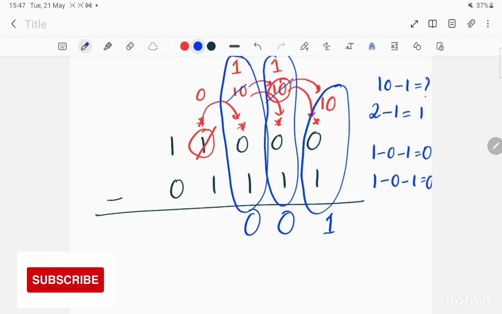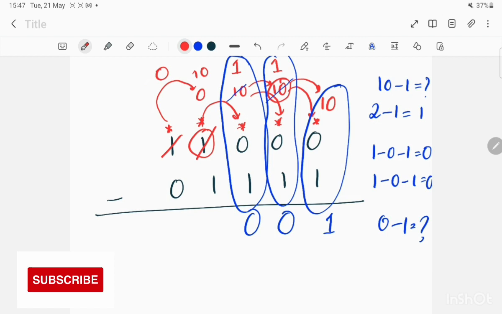And the last one, here you see, now we have 0 minus 1. This is again the special case. For that I will check another neighbor and from here I will borrow 1. So it will become 1 0 and this will become 0.